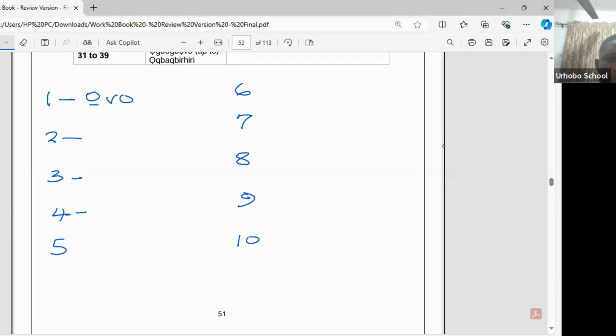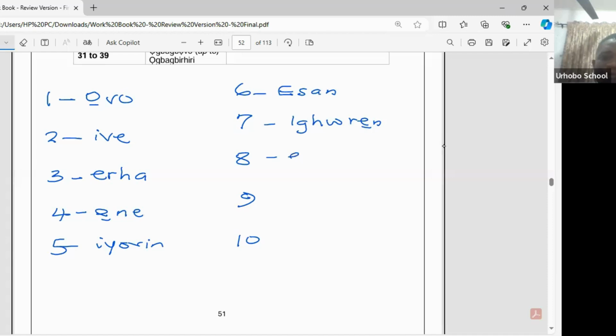Ovo, Eve, Era, Ene, Iori, Esa, Iwe, Eriri, Iriri, Ikwe.